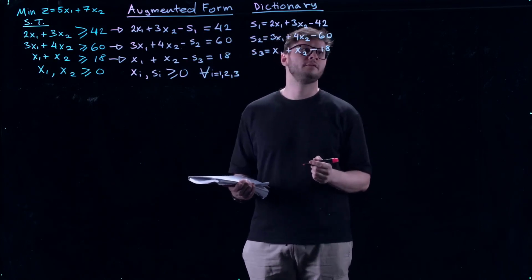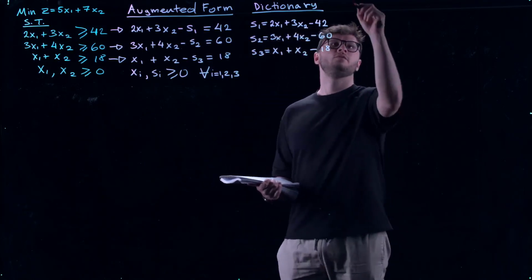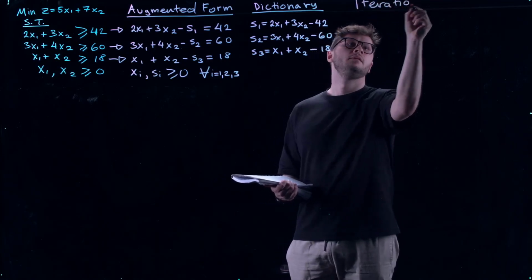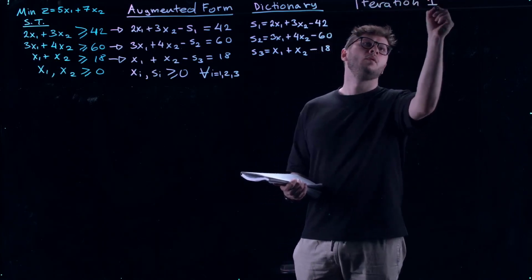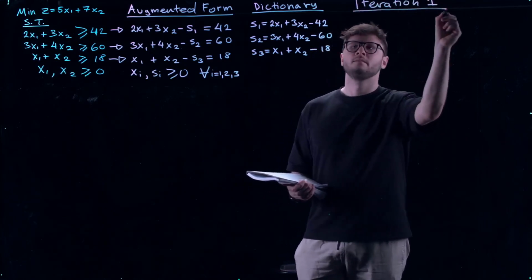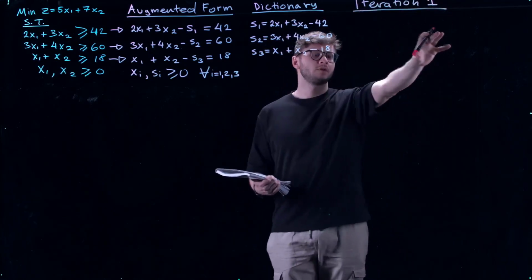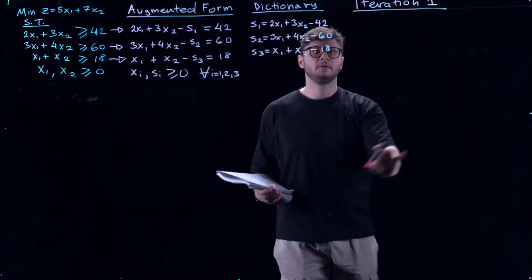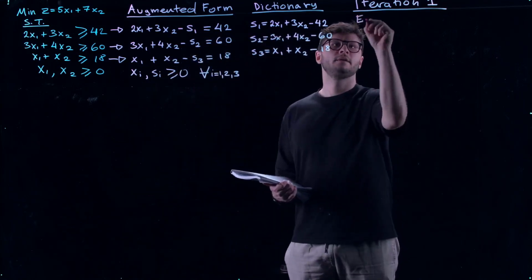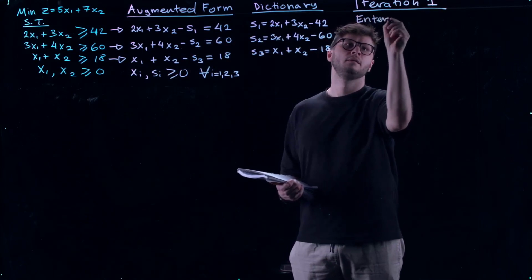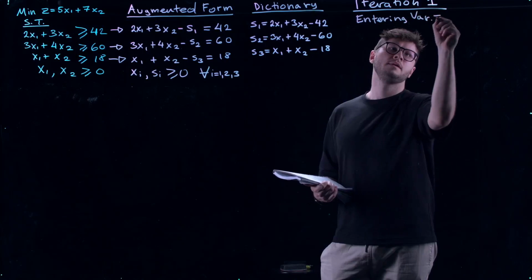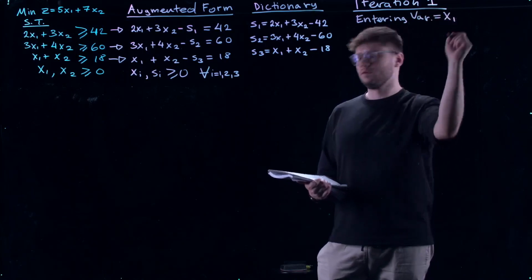So we can have our iteration 1 here. We'll start our iteration 1 and then go line by line. The entering variable is going to equal x1.